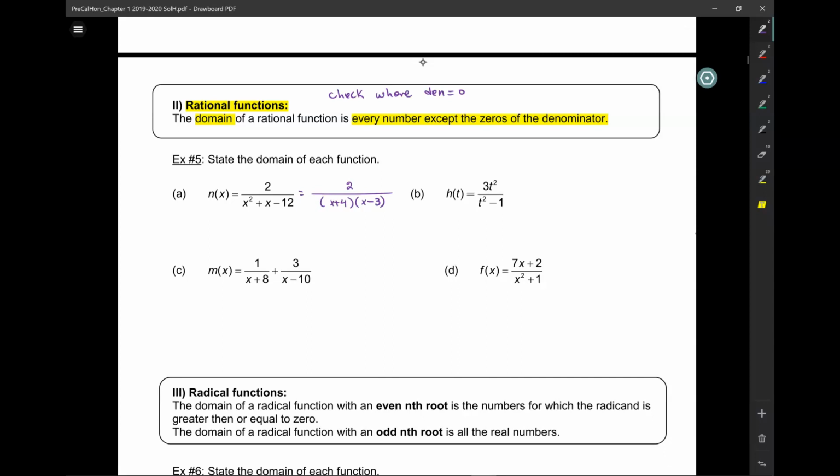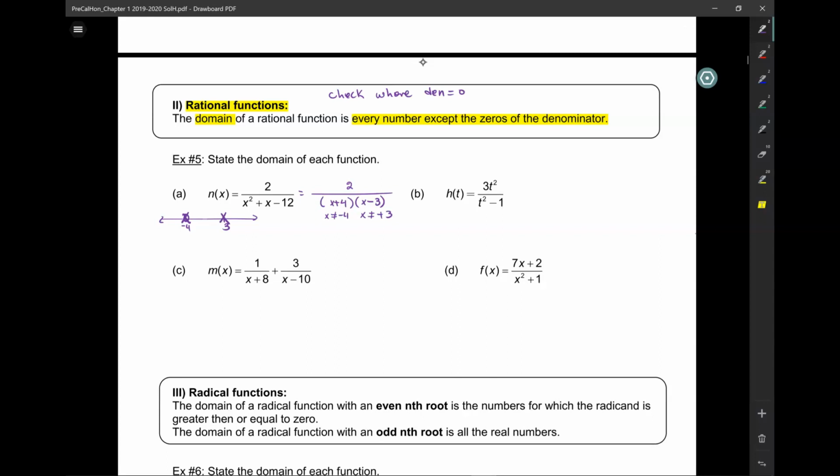Okay, where is this 0? 3 and -4. So x can't be -4, x can't be positive 3. So if you look at the number line, at -4 and at 3, this can't exist. But it exists everywhere else.